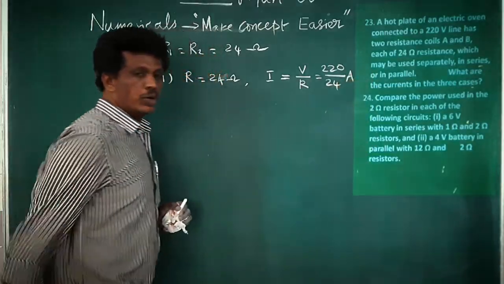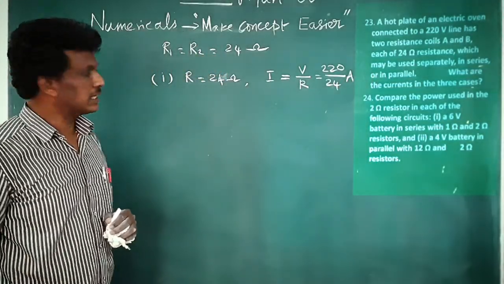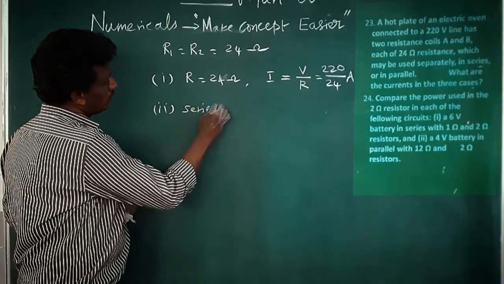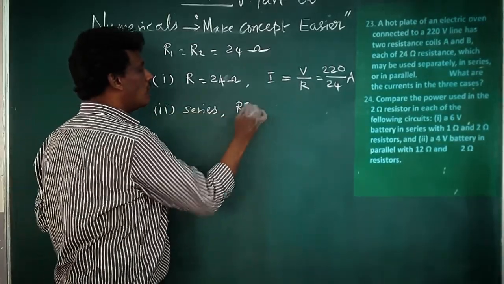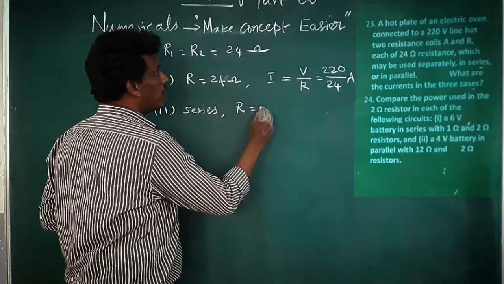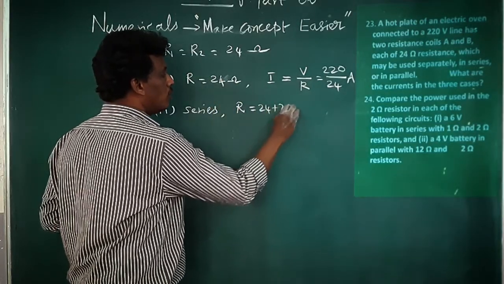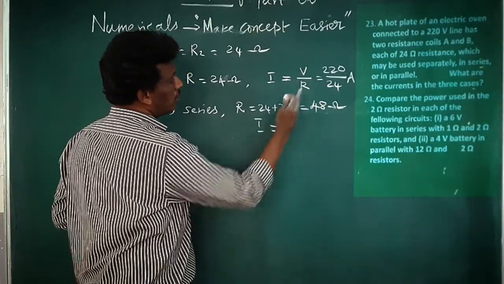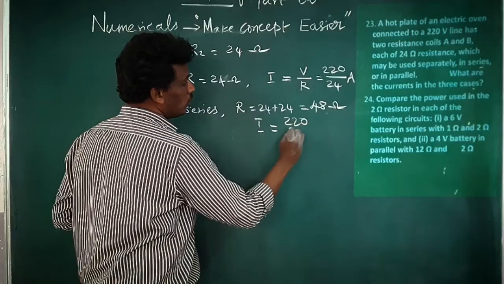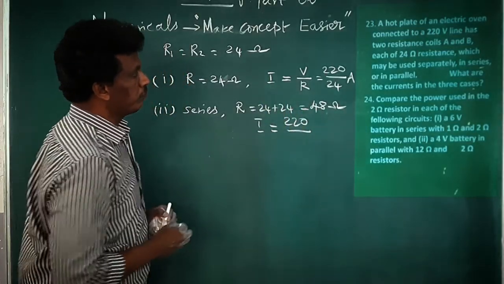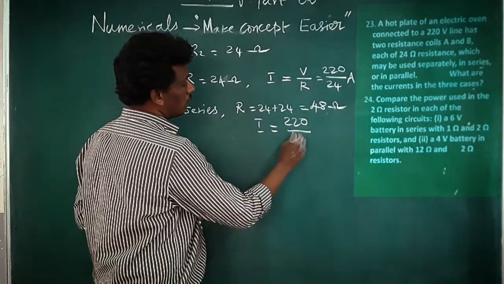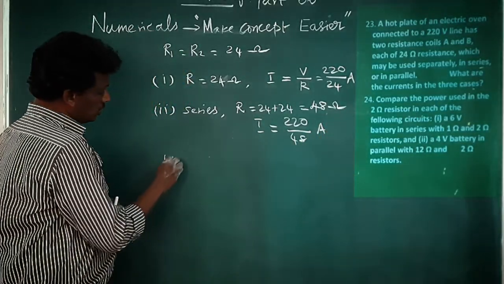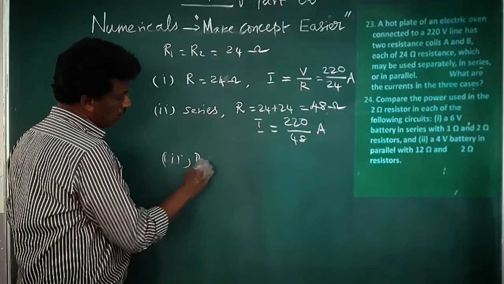So this is the value you substitute to get the answer. What is the second case they are telling? Series combination. When it is series, what will be the R value? 24 plus 24, which is equal to 48 ohm. So what will be V? No change, 220 volt, because you are using the same source. R 48. And what is the third one? Parallel combination.